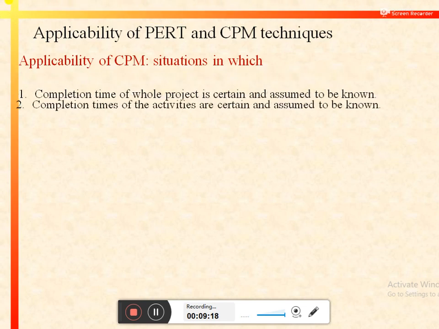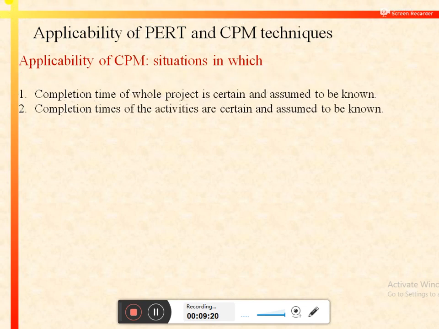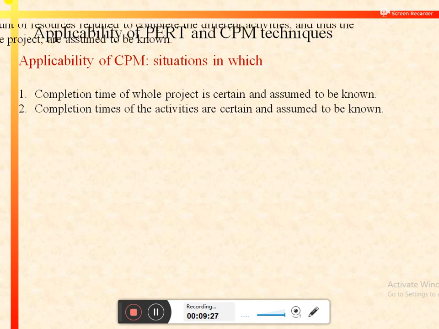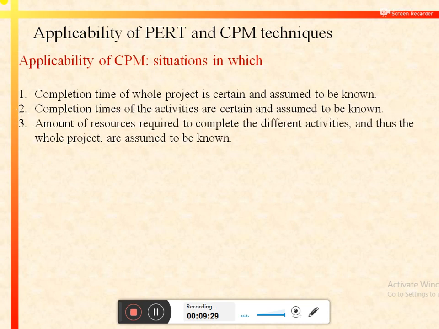Second, the completion times of different activities are certain and again assumed to be known to the management or the decision maker. Third, the amount of resources that are required to complete different activities and to complete the whole project are assumed to be known to the decision maker or to the management.